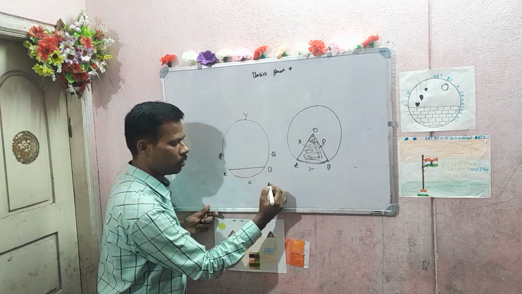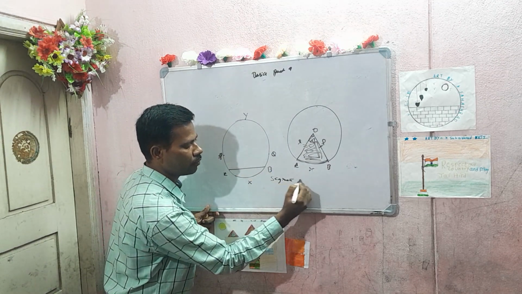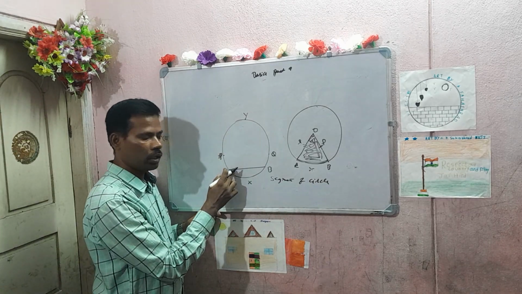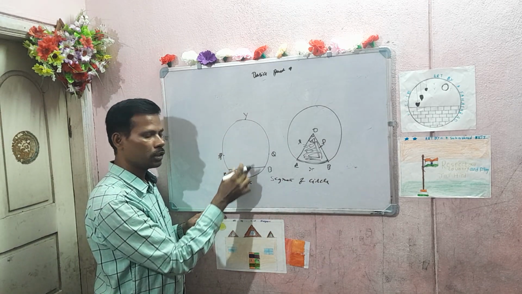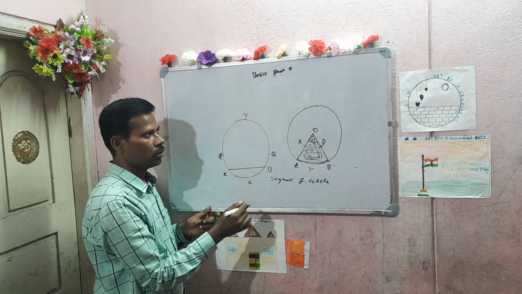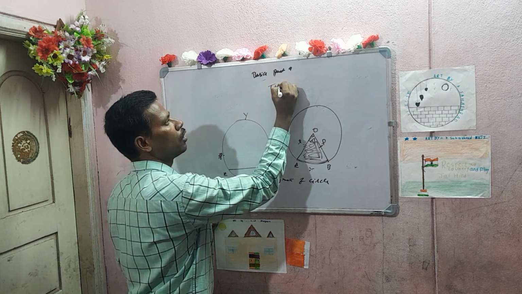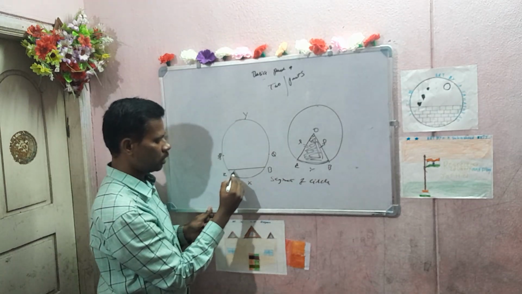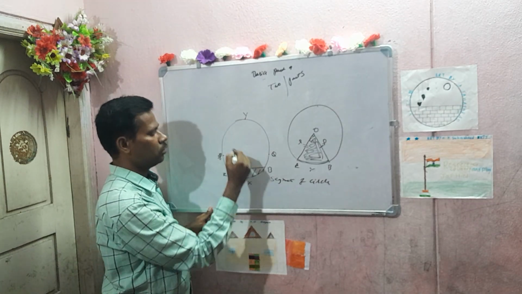This is a segment of a circle. What does segment of a circle mean? A chord which divides the circle into two parts, not equal. This is one part, this is another part.